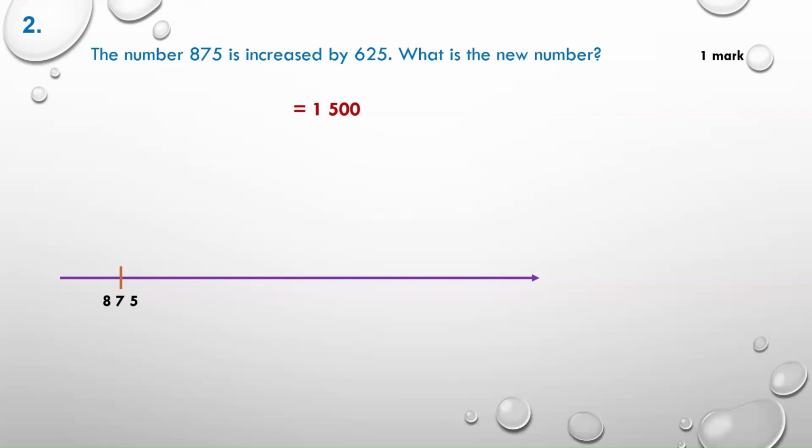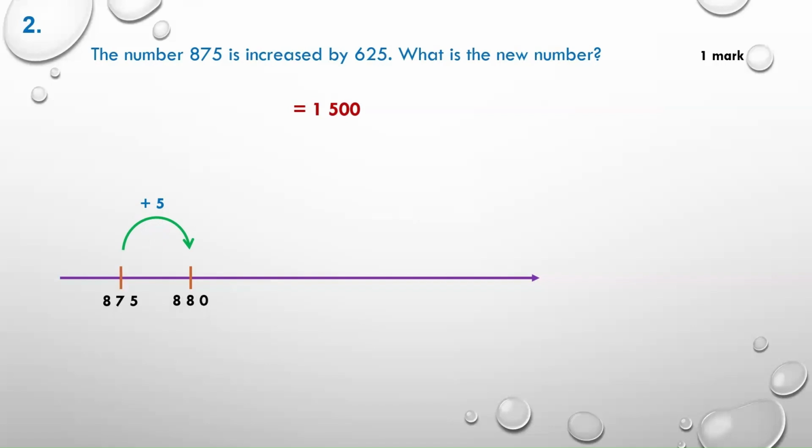So since teachers normally encourage students to use the ones first, the value in 625 with place value 1 will be 5. So if we have 875, we can add 5 to it, and 875 plus 5, 75 plus 5 is 80. So we're going to get 880.